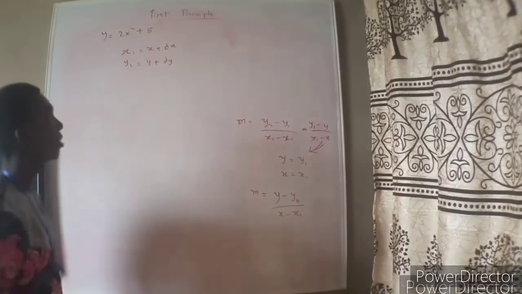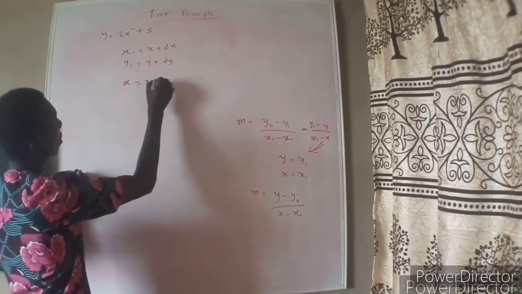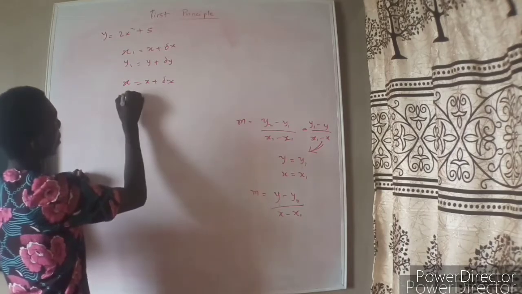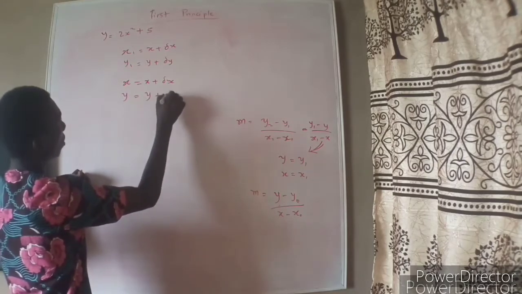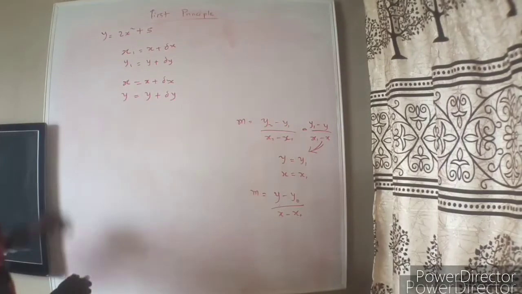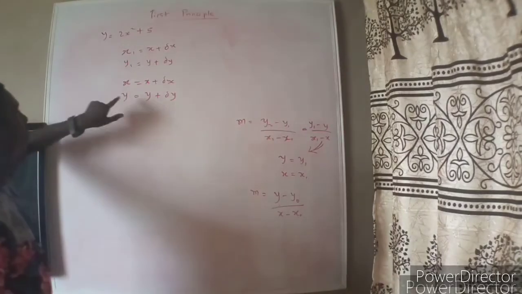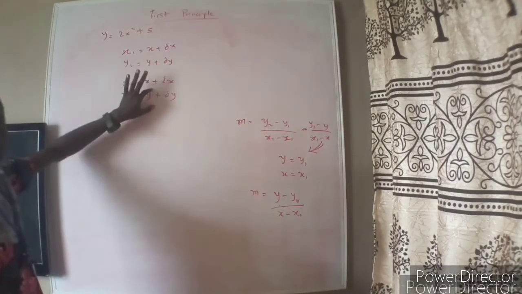That is what we're making sure of here. So same thing here, we can also say x equals x plus delta x, and y equals y plus delta y. It is only explaining that wherever we see x inside any given function, we replace it with this, and wherever we see y in any given function, we replace it with this.